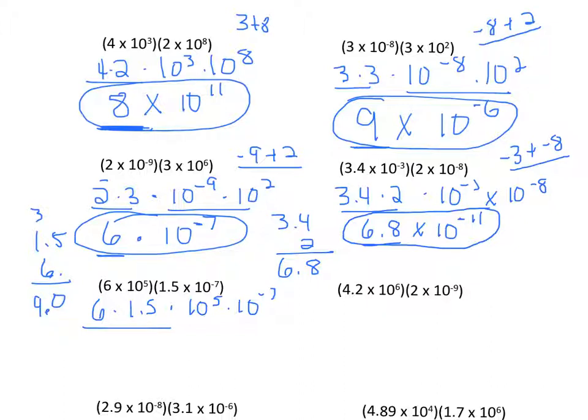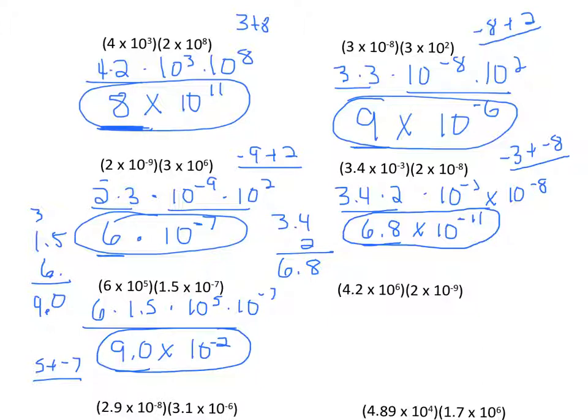So that's 9.0 times. And when we multiply powers with the same base, we add. So I'm going to do this over here so I can see. Unlike signs, we subtract. So 7 minus 5 is 2, and there's more negatives, so it's going to be negative. This is between 1 and 10, so it's in scientific notation.